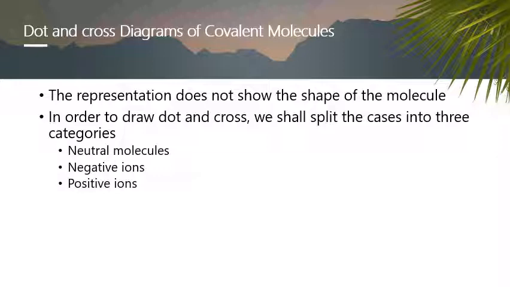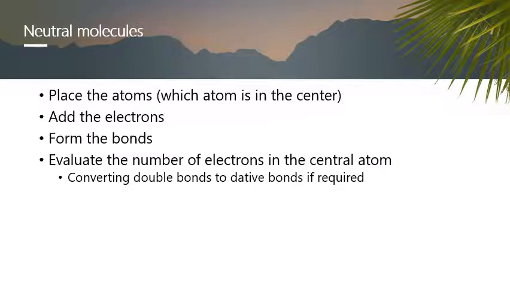But first we shall split it into three types of covalent molecules or covalent ions. One is a neutral molecule, so it's uncharged. Second one is negative ions, and third one is positive ions. For neutral molecules, the first thing we need to do is to place the atoms.